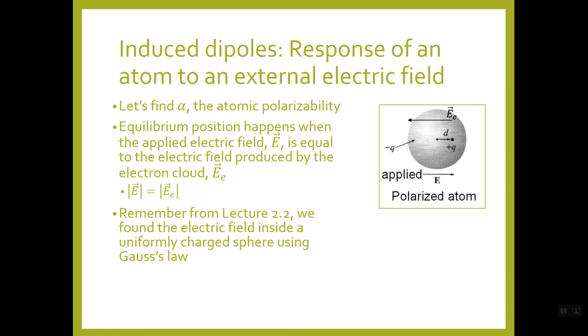Luckily, we have already found the electric field inside a uniformly charged sphere using Gauss's law. We found that in lecture 2.2. And this is what we found, if you remember: 1 over 4 pi epsilon naught, q over r naught cubed, where r naught was the radius of the uniformly charged sphere, times r. So it was linear with r when we're inside the sphere.